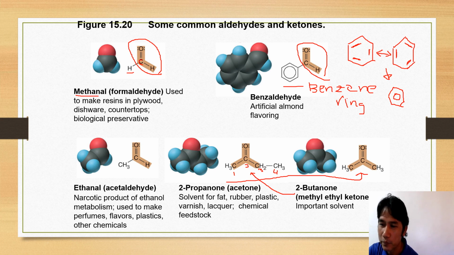So the old way to name this is 2-butanon, but as I said earlier, this must be butan-2-one. Butan means 4 carbon atoms, and the carbonyl is on carbon number 2.